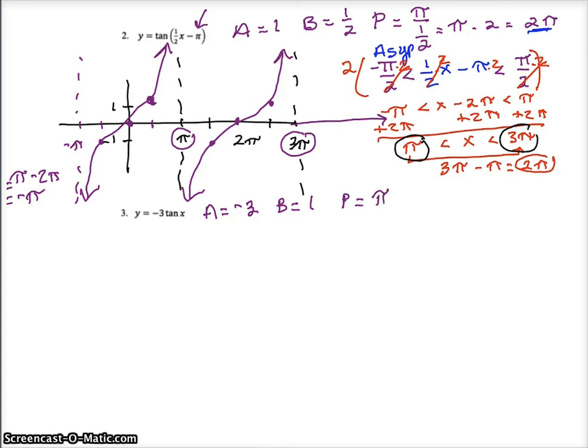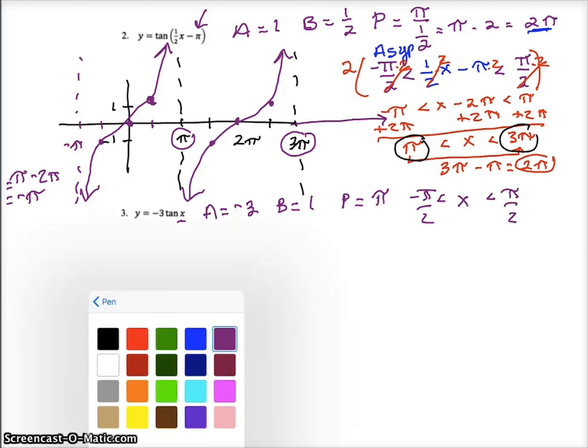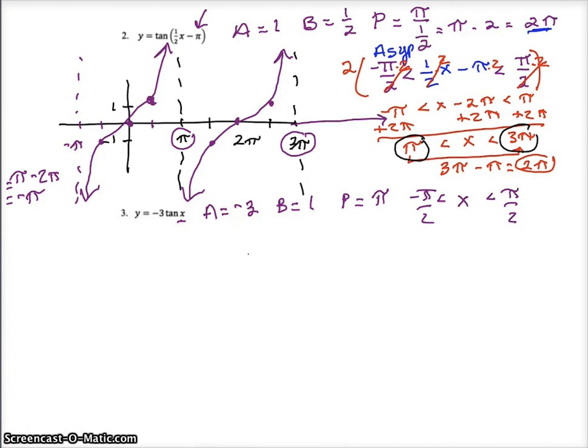So in this case, if we place any horizontal changes between the asymptotes of our parent function, we can see that they are not going to move. So I will try to label negative pi over 2 and positive pi over 2 an equidistant space from 0.